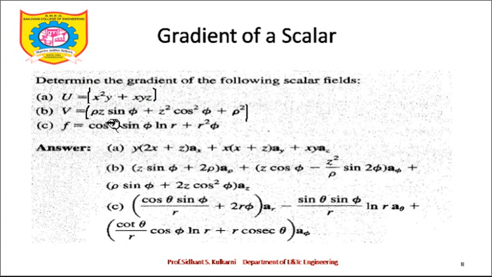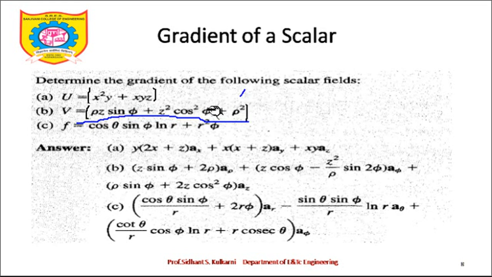So it is dou by dou rho of v a rho bar, then dou by dou z, with dou by dou phi coming over 1 over rho here a phi bar, and finally in this entire term. Now remember one thing, v is a scalar, you need to take this entire term. Don't take just this term for rho, this term for phi, this term for z.